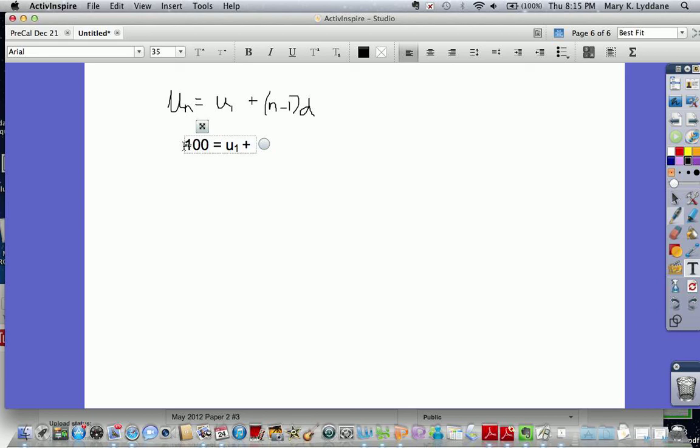Well, that's the 6th row, so 6 minus 1, which is 5, times the common difference.